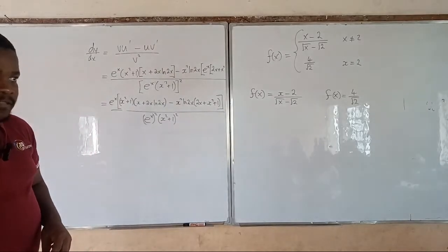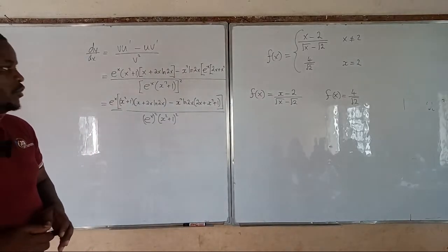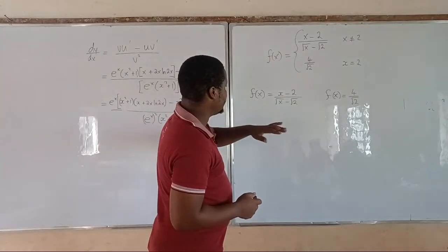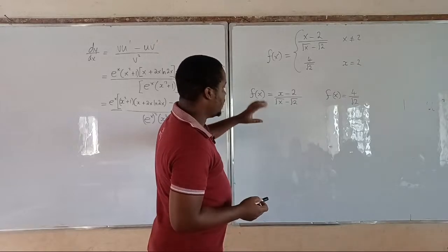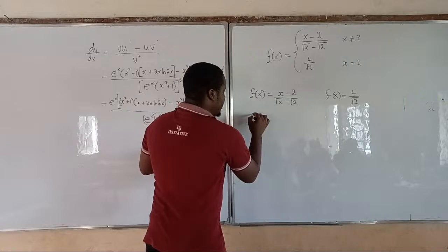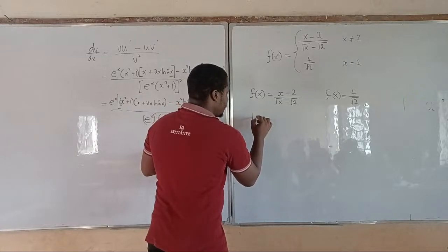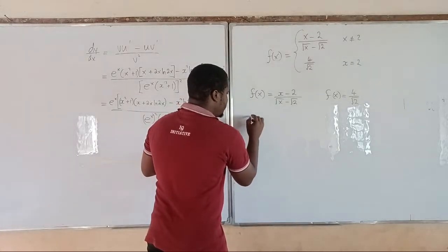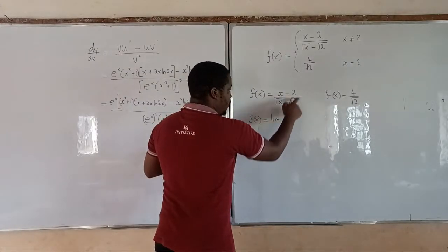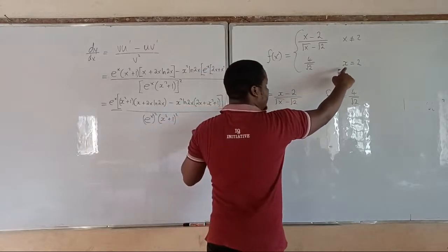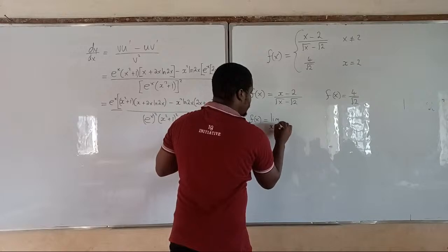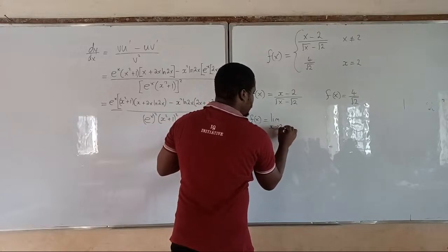So to solve this question, all you need to do is find the limit. By finding the limit, this is what we mean: f of x is equal to the limit of the same function as x approaches 2.